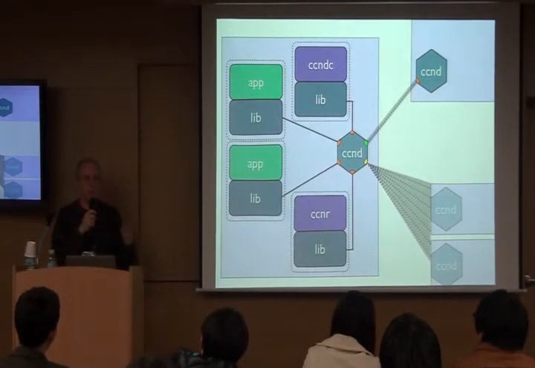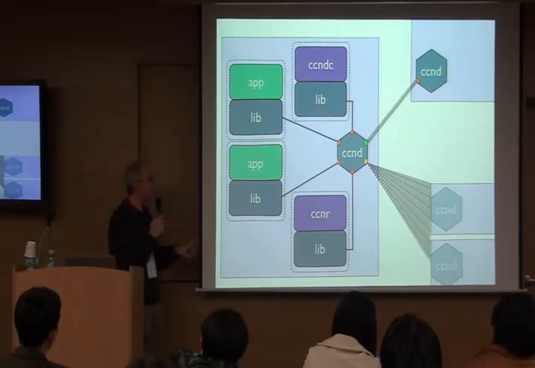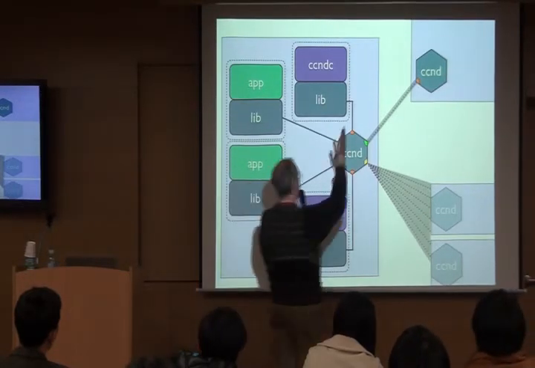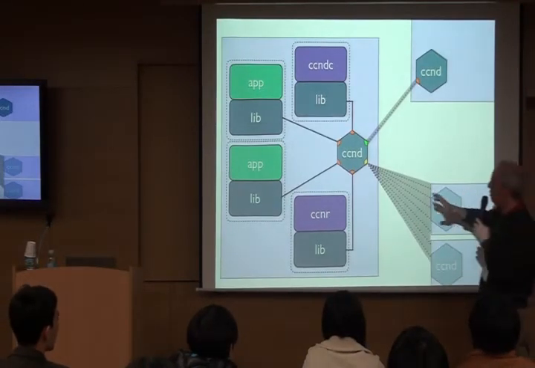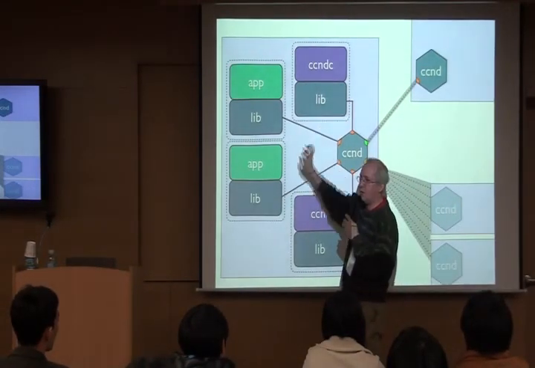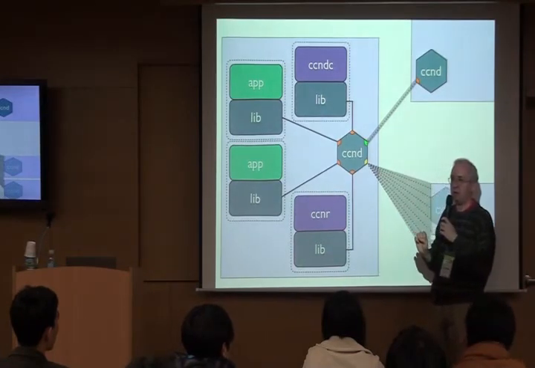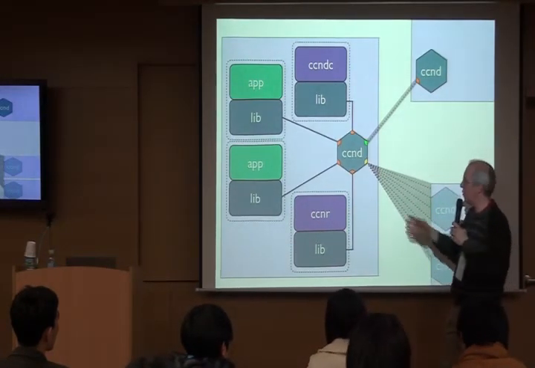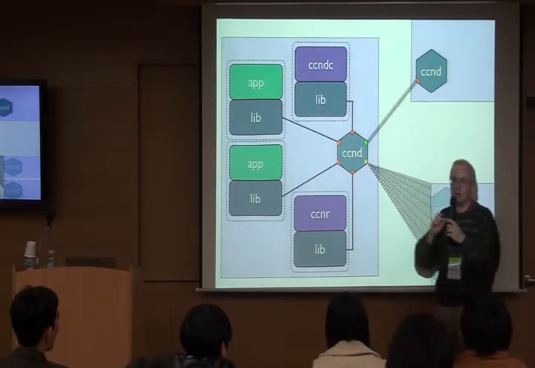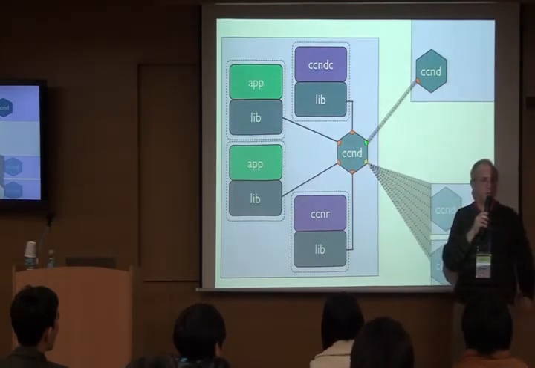As we begin looking at examples, we're going to start by ignoring the case of external nodes over here. We're going to start looking just at applications running on the same machine, the simplest possible case, communicating from a producer to a consumer running on the same machine through a CCND that is local to the same machine.